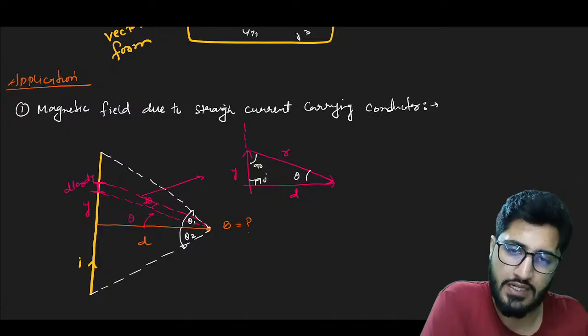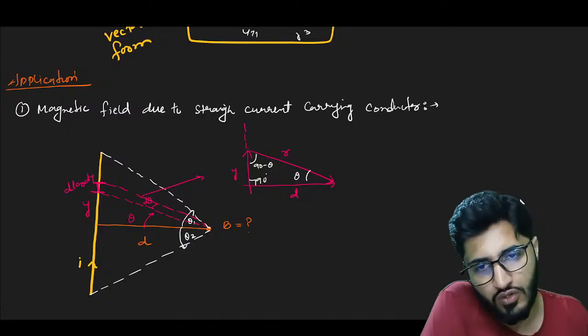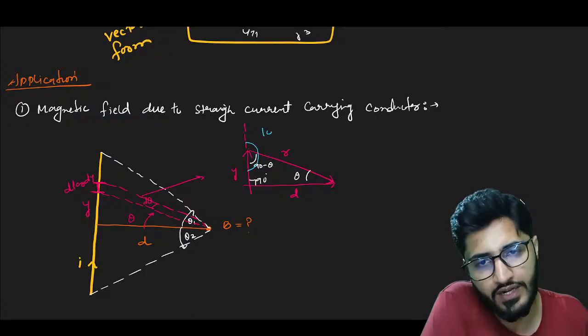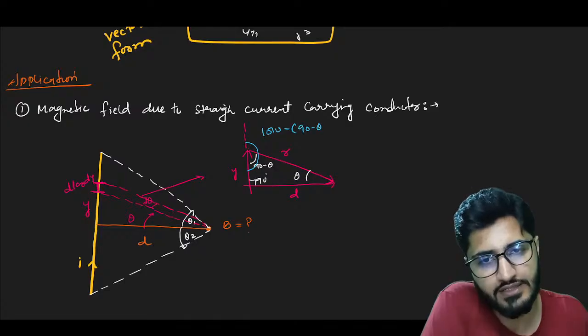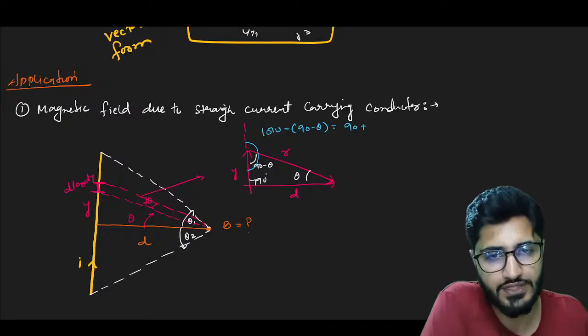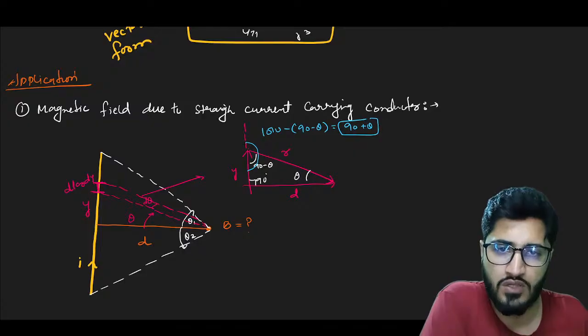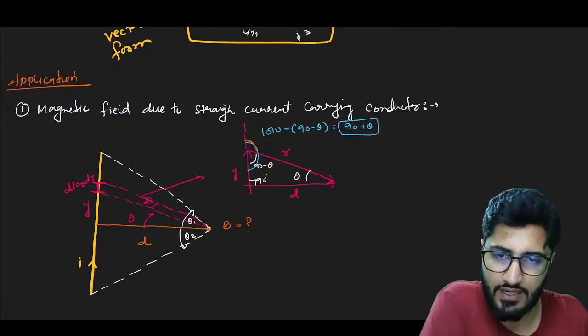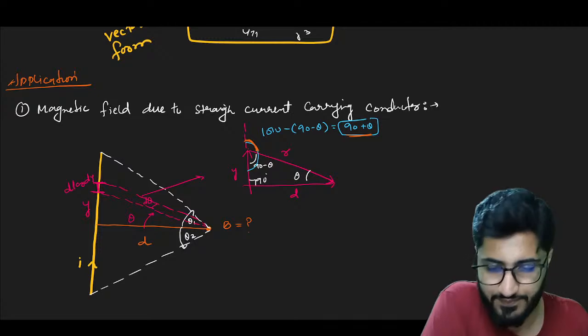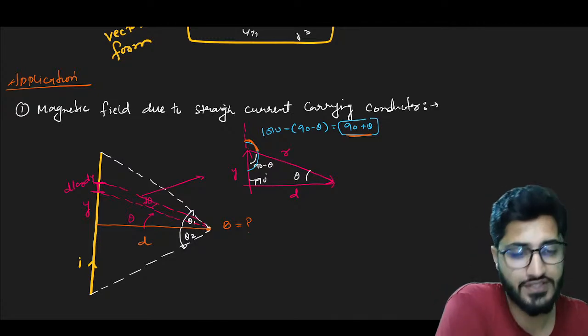This would be 90 minus theta. The whole angle will be 180, so it is 180 minus 90 minus theta. It becomes 90 plus theta. So the upper one is 90 plus theta.